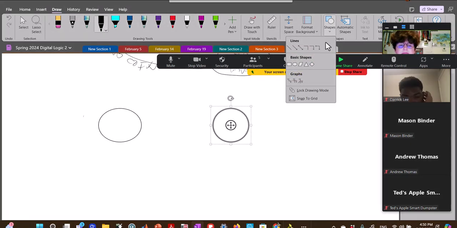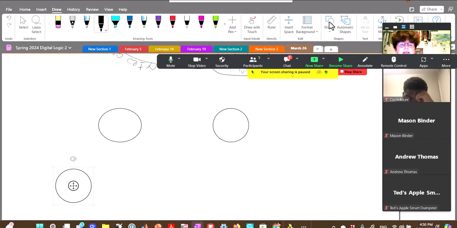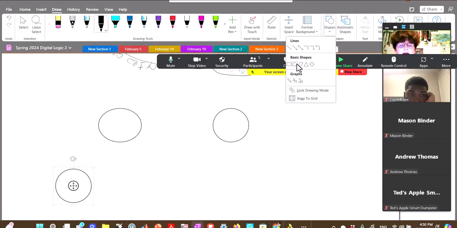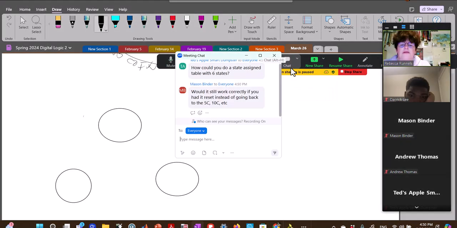So I believe I told one of you that I liked your state diagram, but I may have come up with an improvement on it. Would it still work correctly if you had it reset instead?